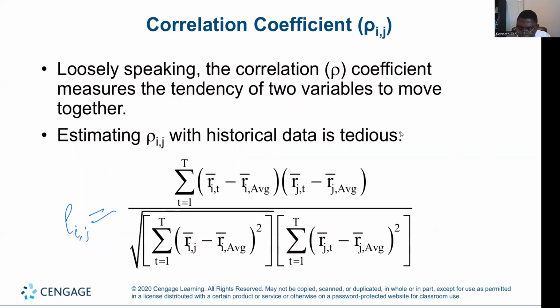Since there are two assets in this portfolio, I and J, it is the return of company I minus the return of the portfolio, times the return of company J minus the return of the portfolio, divided by, we take the sum divided by all of this. That will give us what we call the correlation coefficient.